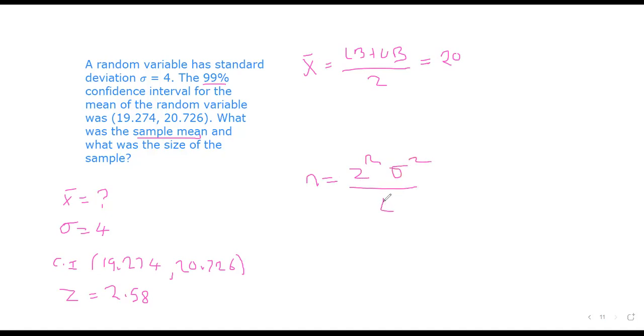Who should handle the error? Anyone who hasn't spoken? Yes? Error? So error is equal to the upper bound minus the lower bound, divided by 2. Which is what?